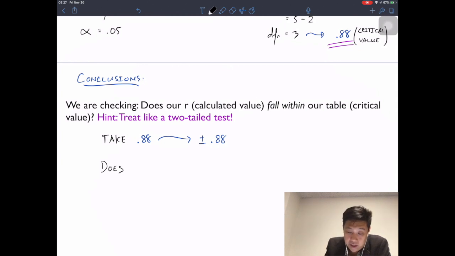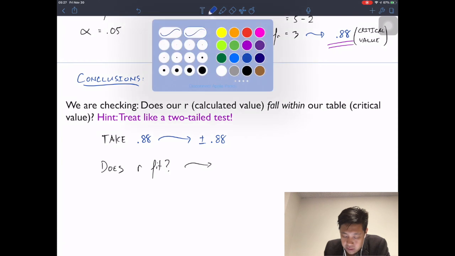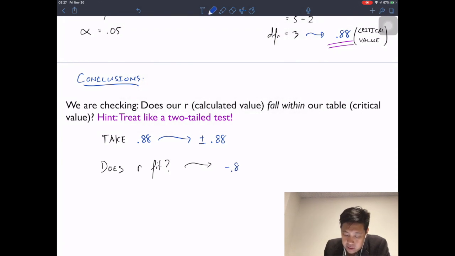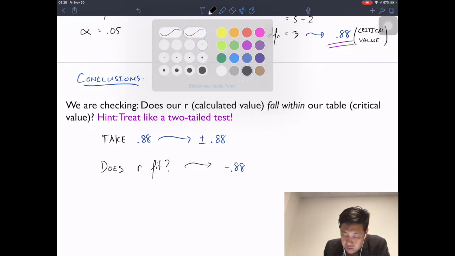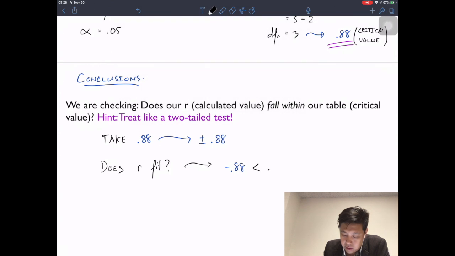How do you write that? Normally you would write it this way. Does R fit? And you're going to write it in this fashion. You're going to write it negative 0.88 is less than R, which is 0.6268. Let me double check that.